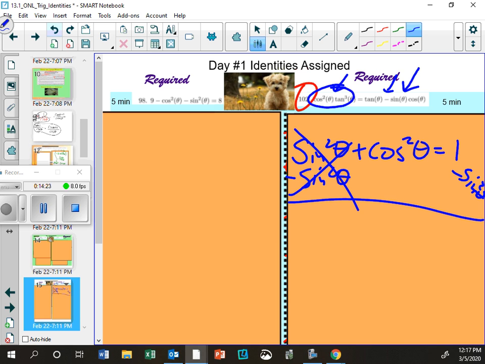Do you get how that gets us closer? If we do a swap where we replace cosine squared with 1 minus sine squared, that would get us closer. I'm not saying you need to do that right now. You could do other things first, but eventually you look at what you want that you don't have, and you figure out how you can make that work.